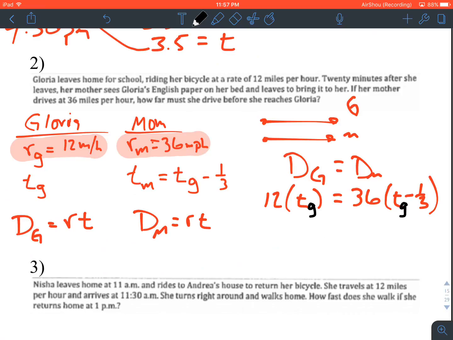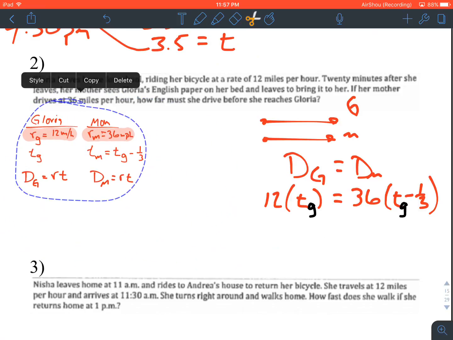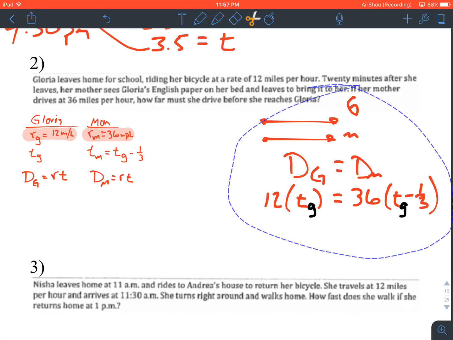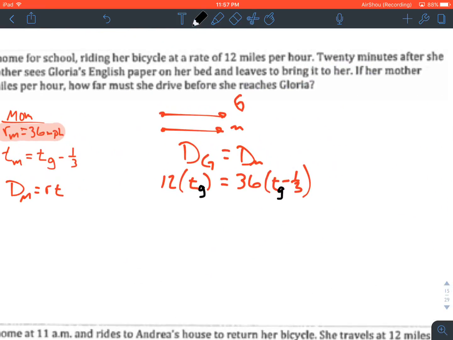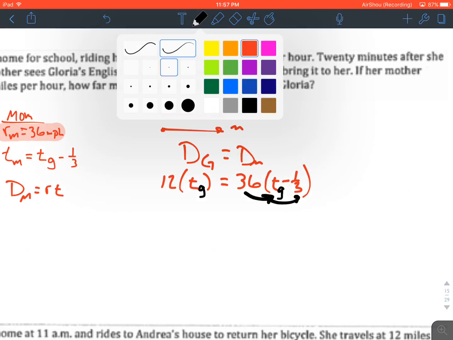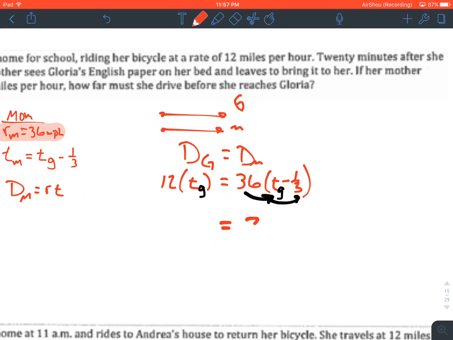So, using the distributive property, if we multiply 36 here, we're going to end up with 36 t sub g minus, a third of 36 is 12.